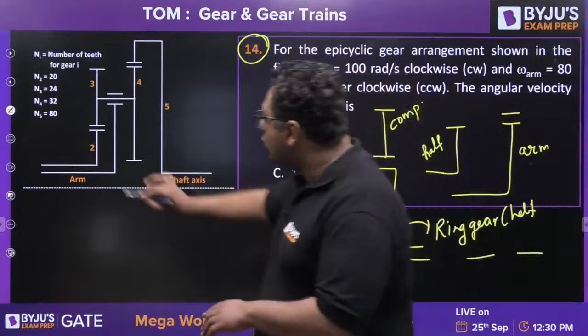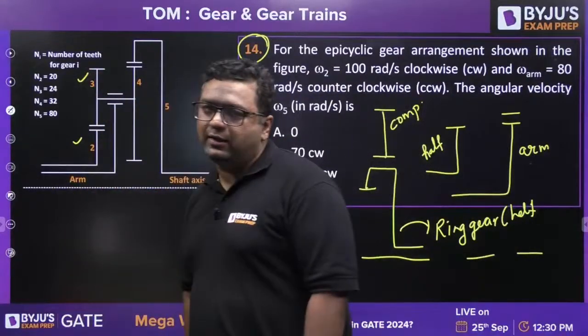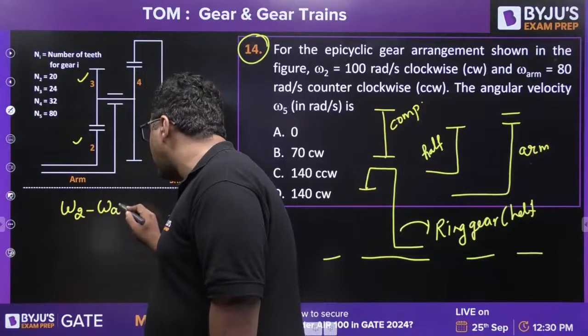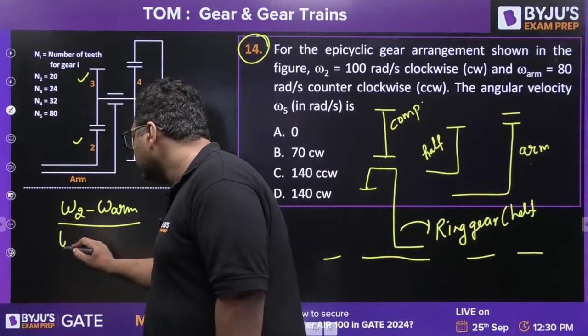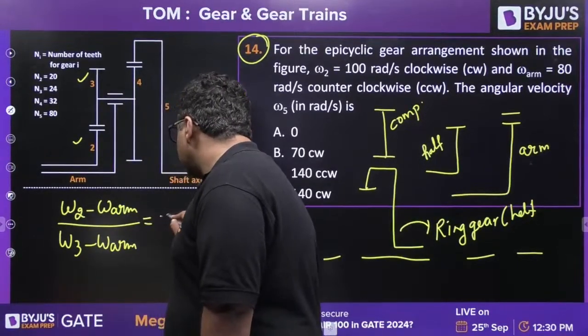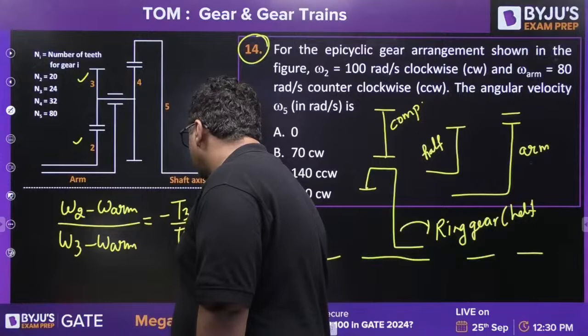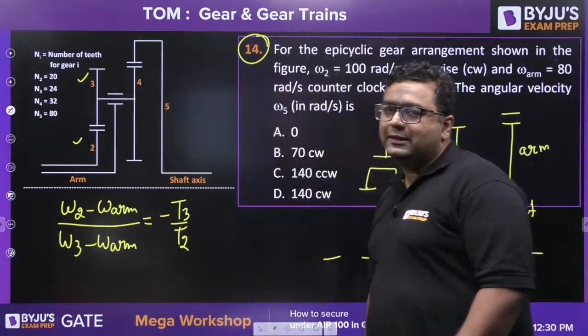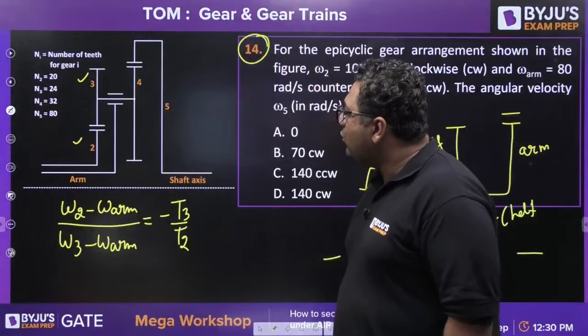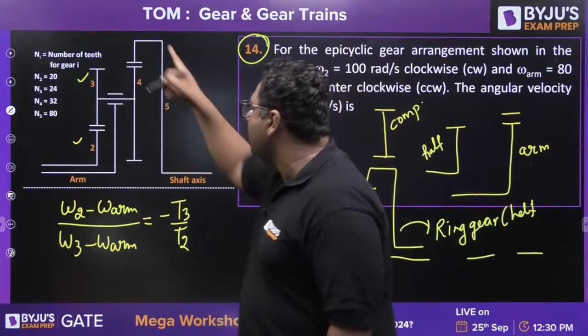So you can see 2 and 3 are connected with external gearing. So you can write (omega 2 minus omega arm) by (omega 3 minus omega arm) is minus T3 by T2. This also, on Shubham's request, I have taken. Similarly, you see 4 and 5 are internal gearing.